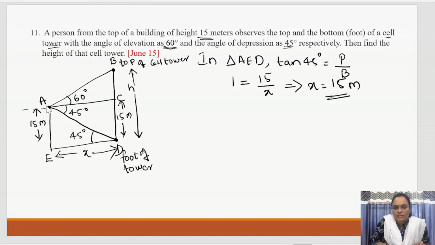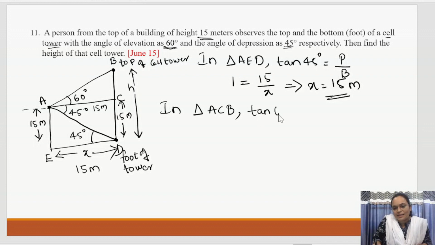So let us take triangle ABC because we need to find the height, right? In triangle ACB, this is 15 meters. If this is 15 meters, this will also be 15 meters. Now in this triangle ACB, according to this angle, we have perpendicular by base, so you can apply tan 60 degrees. Tan 60 is equal to perpendicular by base. Tan 60 is root 3.